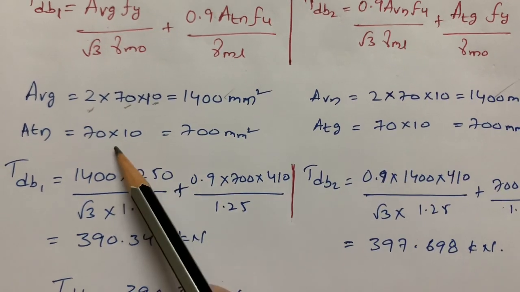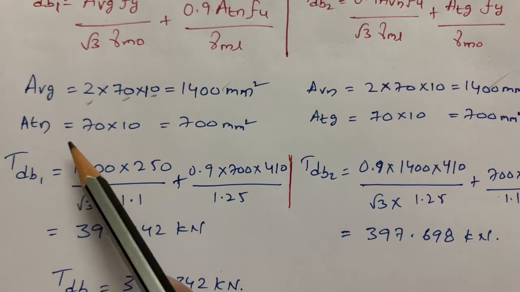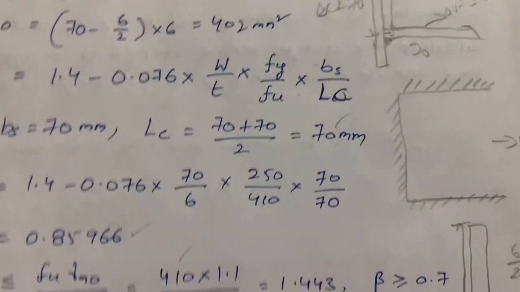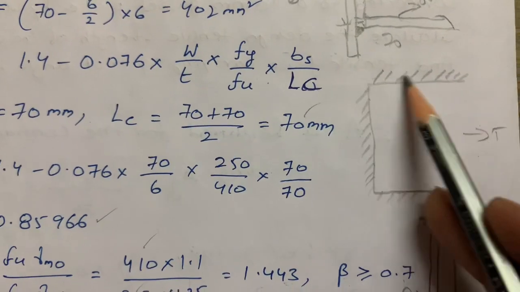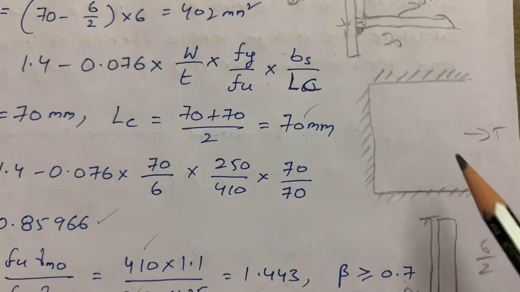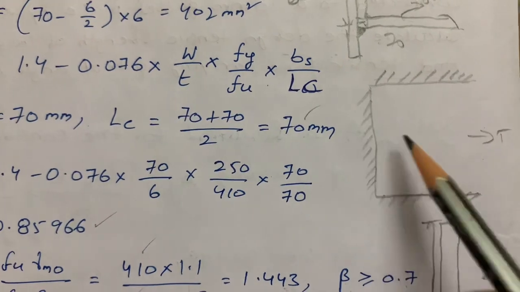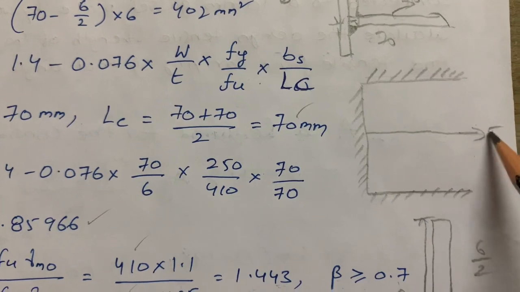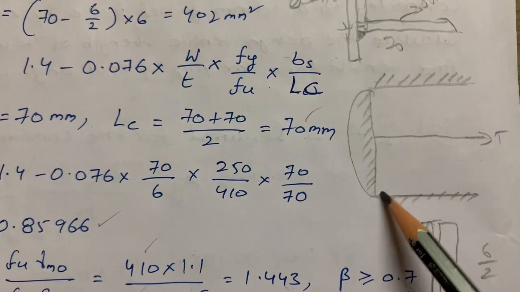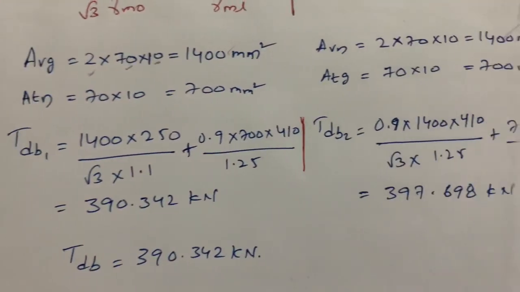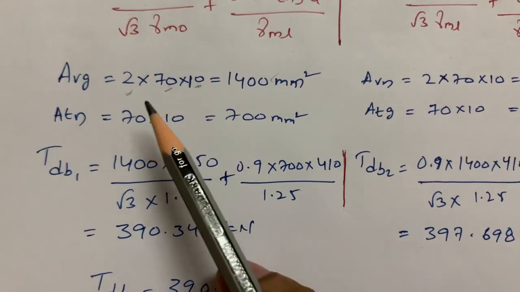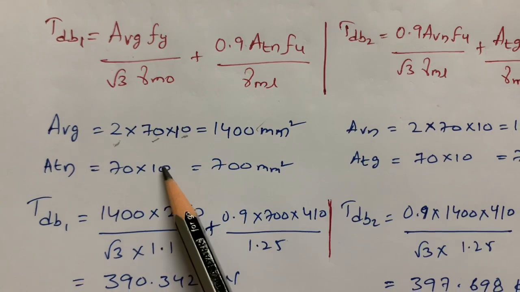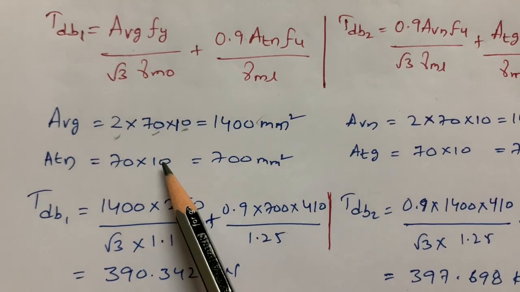Like that Atn. Atn is nothing but a tensile force. Tensile force means which is perpendicular to the force direction. This is the shear direction, these two are shear directions, and this one is the tensile direction, which is perpendicular to the force direction. That's why this is called the tension portion. So that's why 70 into 10. 70 is the length of that leg and 10 is the gusset plate thickness.